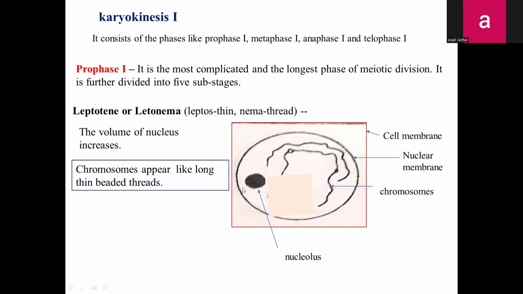And inside this, enlarged nucleus is present, right? And inside this nucleus, this is the wall of the nucleus, which is called nuclear membrane. And inside this, के अंदर क्या है? Nucleolus है and chromosomes, which are long, thin, and beaded thread-like structures.